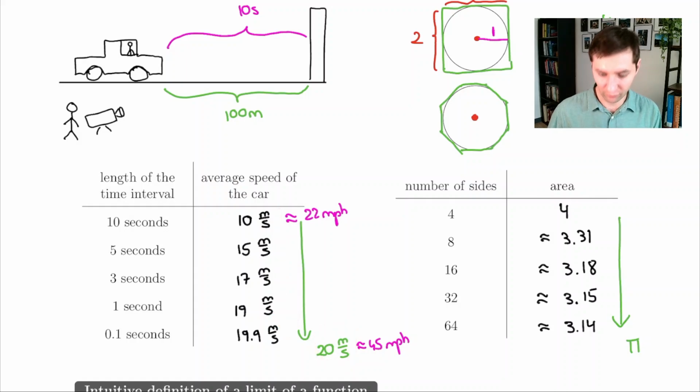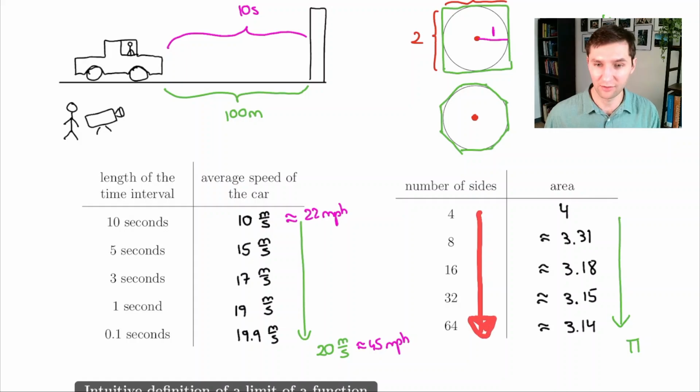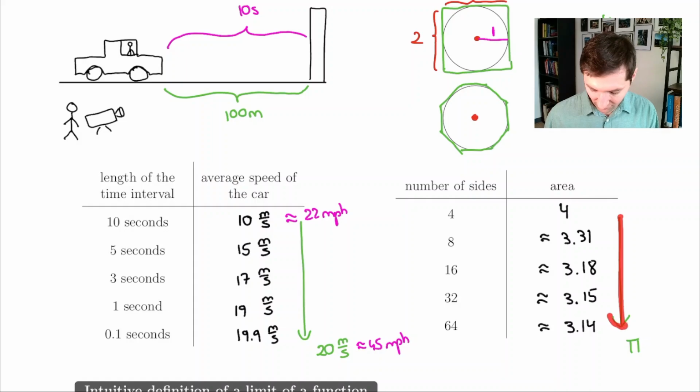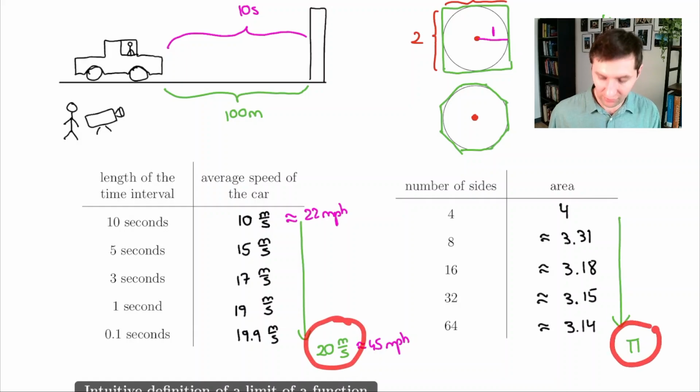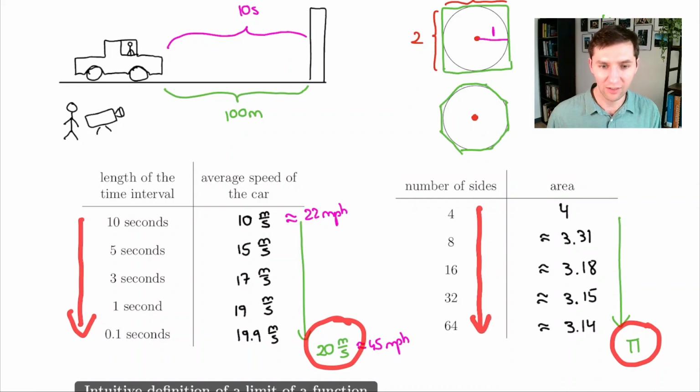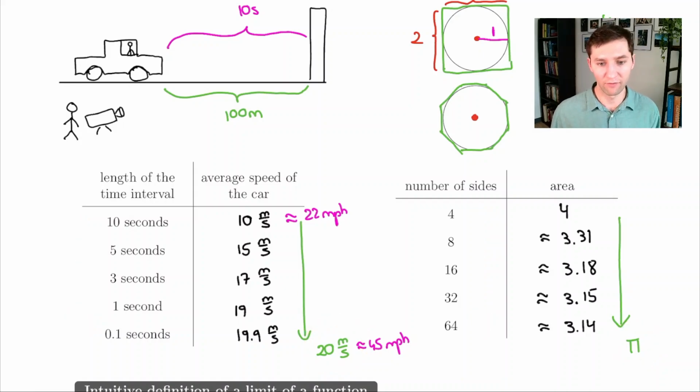In the second table, as the number of sides gets larger and larger, the inputs go to infinity, and the area, the outputs, seem to get closer and closer to pi. That number to which the outputs get closer and closer, as the inputs get closer and closer to some other value or infinity, is called a limit of a function.